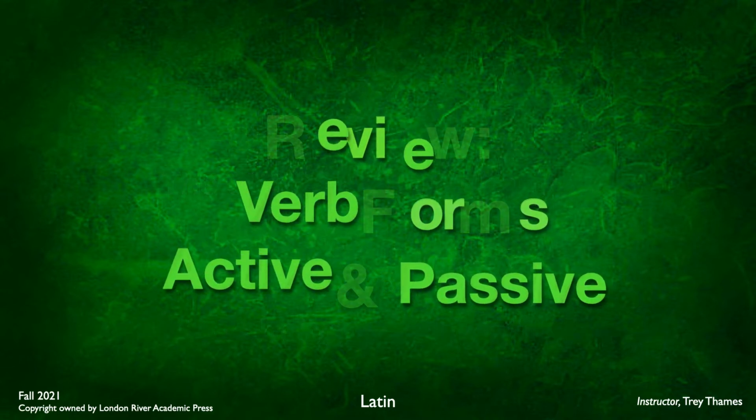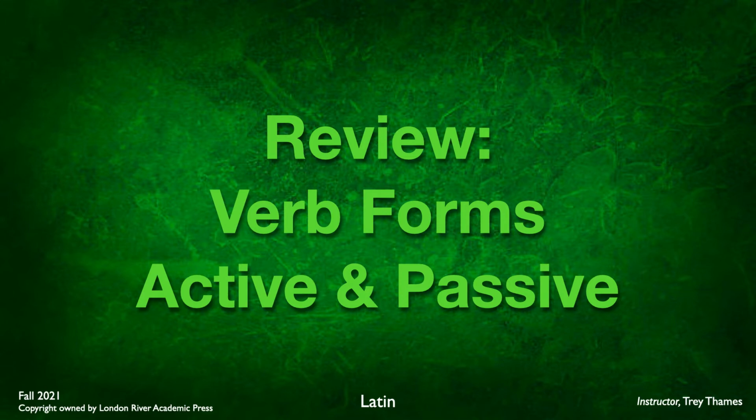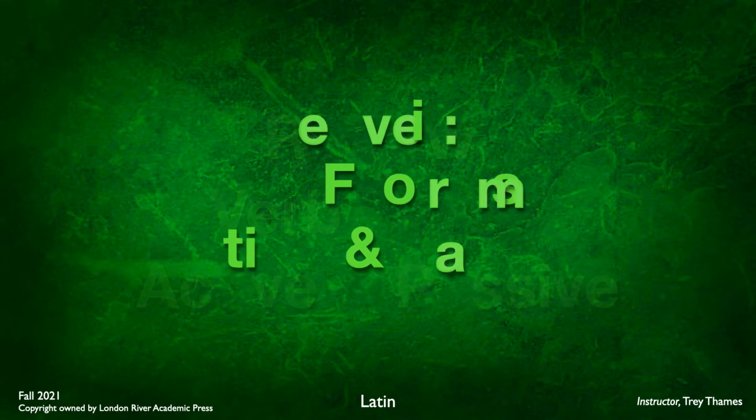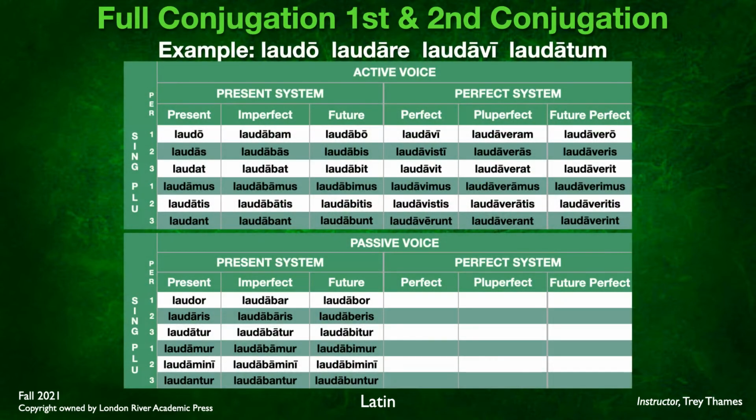Now, just as a quick review of the verb forms that we have learned thus far in both the active and passive voice. Here is the paradigm verb laudo, laudare, laudavi, laudatum. And you can see the active present system and perfect system across the top here.